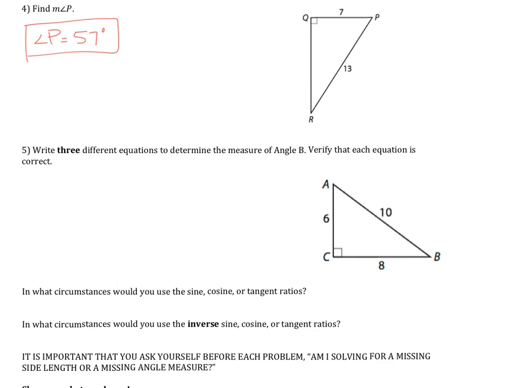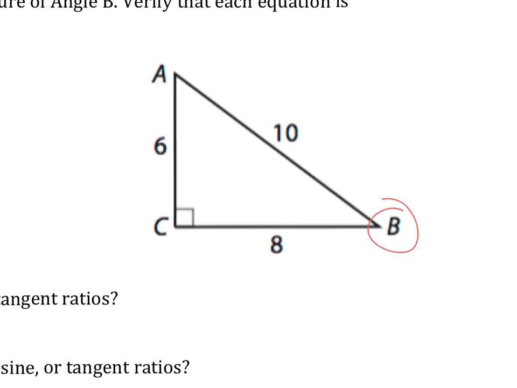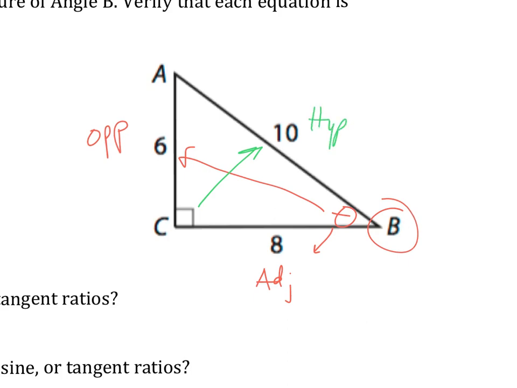Now, number 5 says write 3 different equations to determine the measure of angle B. Verify that each equation is correct. So we're looking at angle B here. That's our theta. And so across from that is going to be our opposite. Next to it is adjacent. Across from the 90 is our hypotenuse.